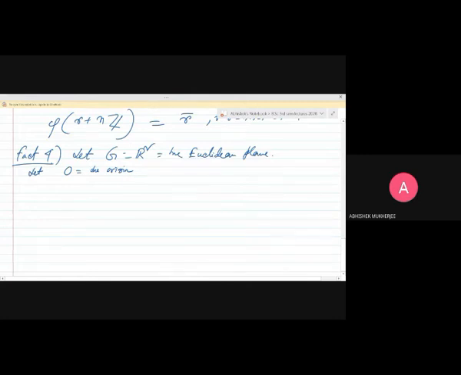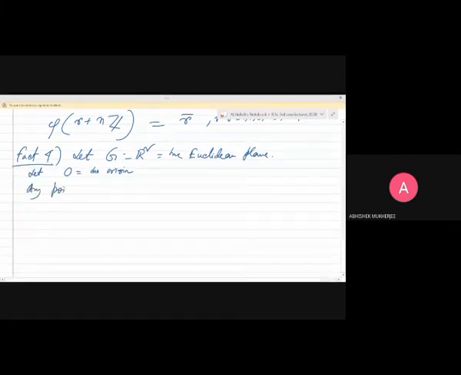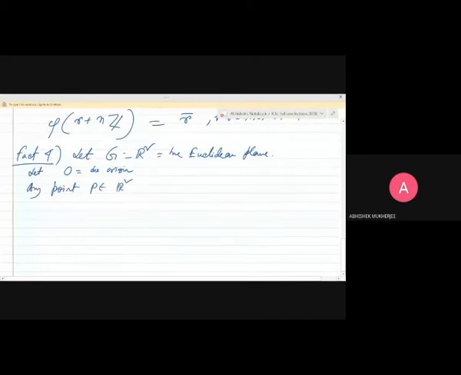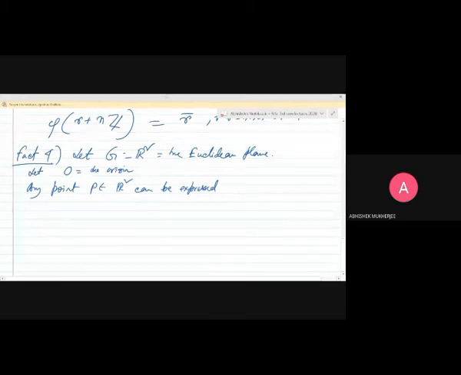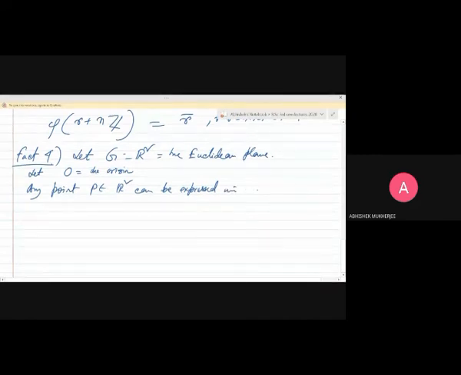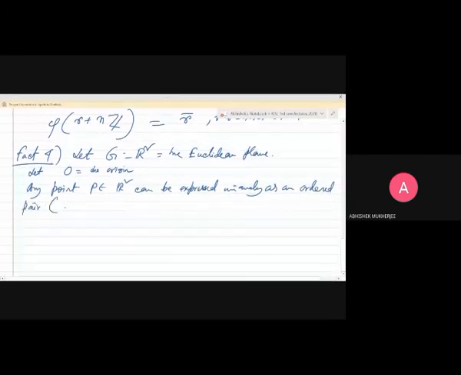So any point P belonging to R2 can be expressed uniquely as an ordered pair (x, y), where x and y are two real numbers.